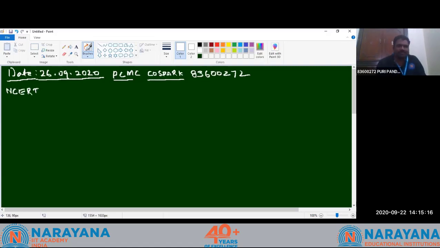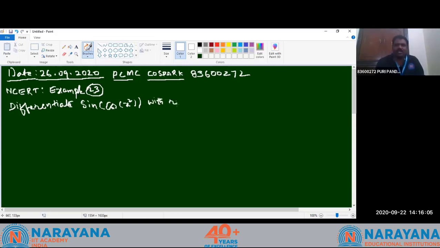NCERT example 23. Differentiate sin of cos of x square with respect to x.